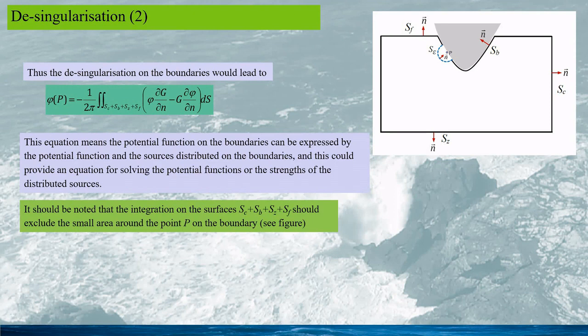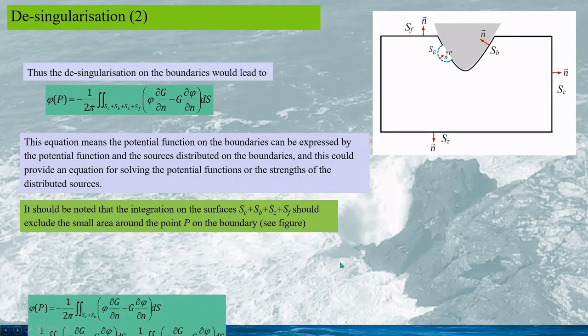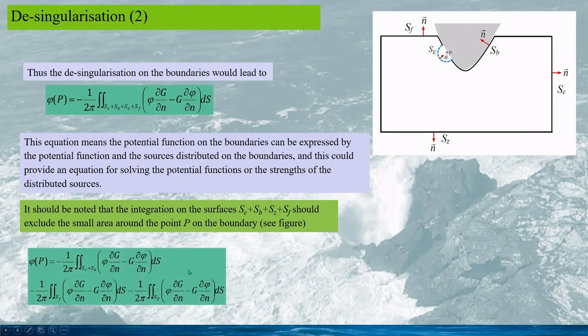It should be noted the integration on the surface should exclude the small area around the point P on the boundaries. See the figure here. Here, we further separate the integration on the surfaces. We can have this.